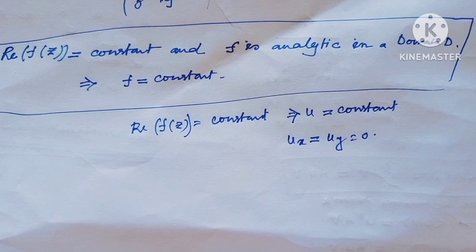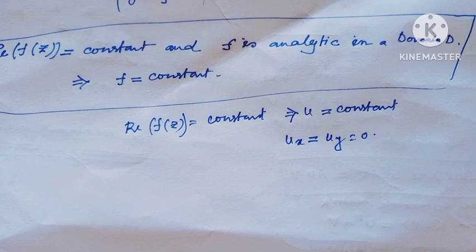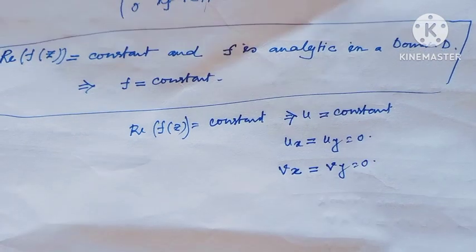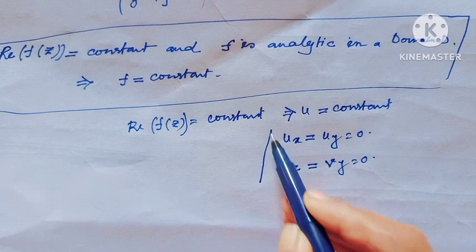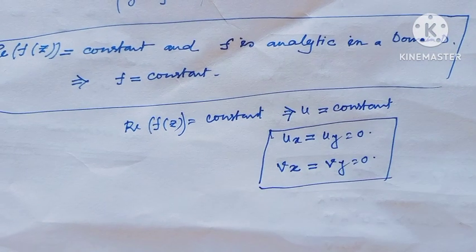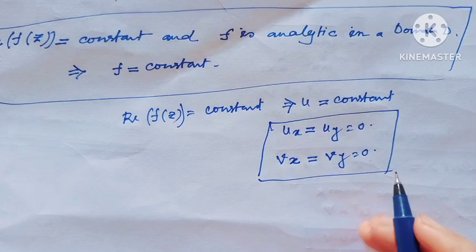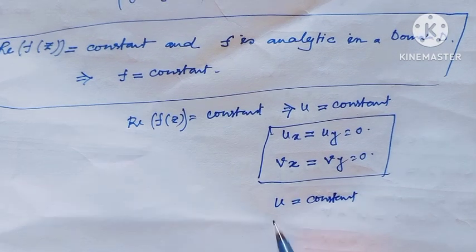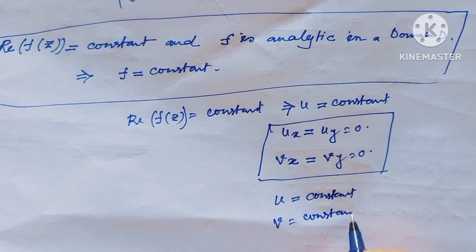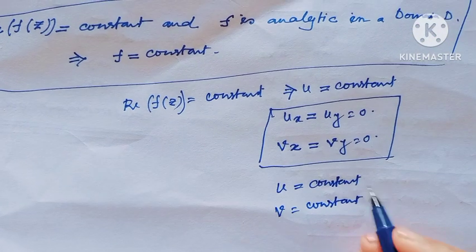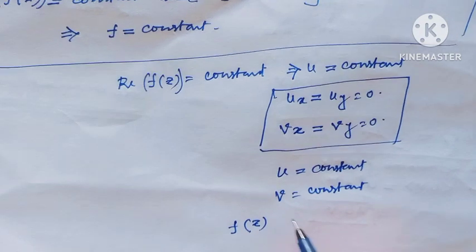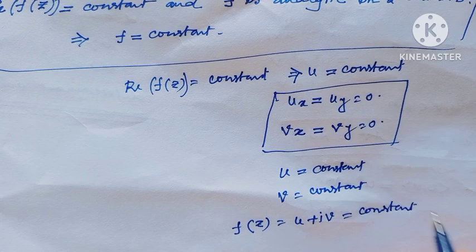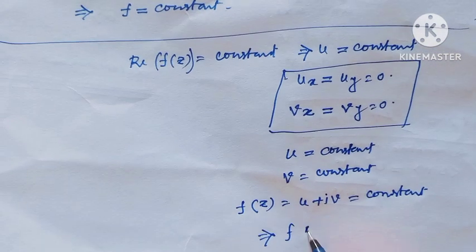Since u_x equal to u_y equal to 0, by the CR equations we can say v_x equal to v_y equal to 0. Therefore u equal to constant and v equal to constant. Since u and v are both constant, f(z) equals u plus iv is constant. That means f is constant.